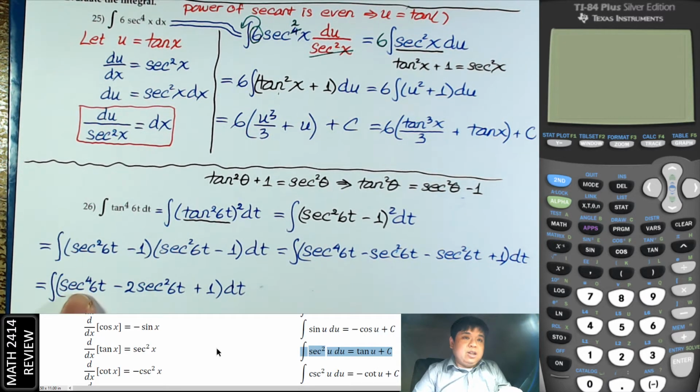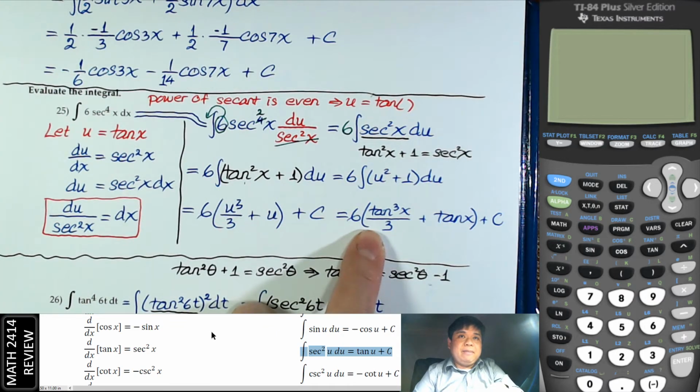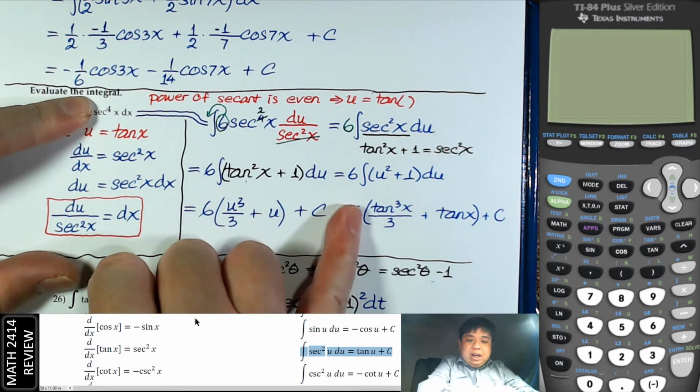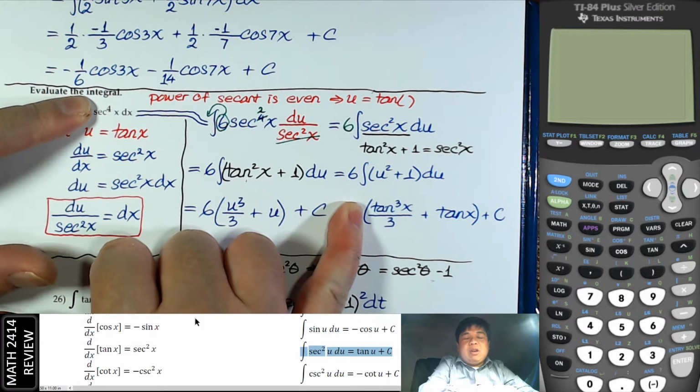And then the secant to the 4th, well, we just did that, except this one has the 6. So if we take out the 6 from the beginning, we take out the 6 at the bottom. So pretty much we have everything.